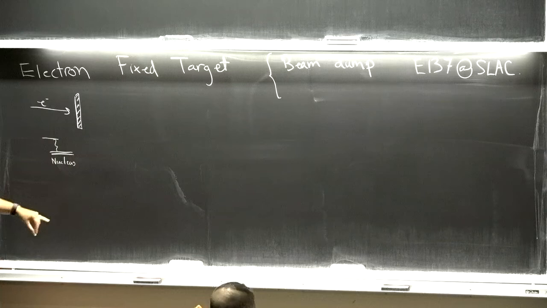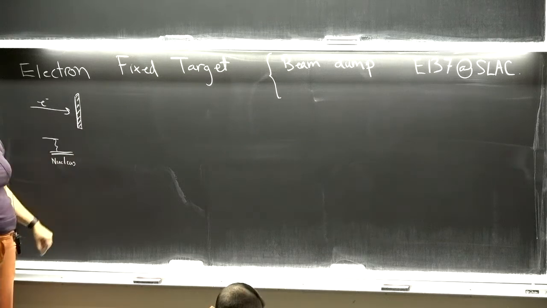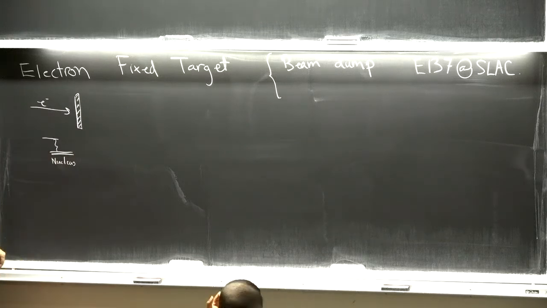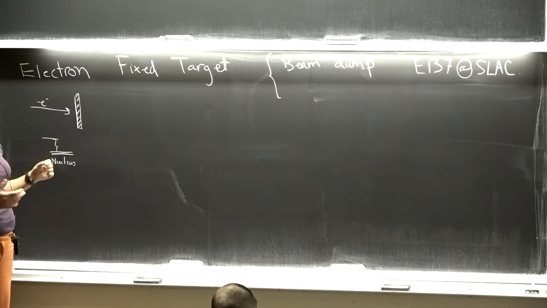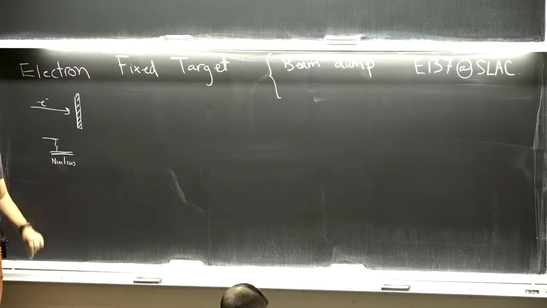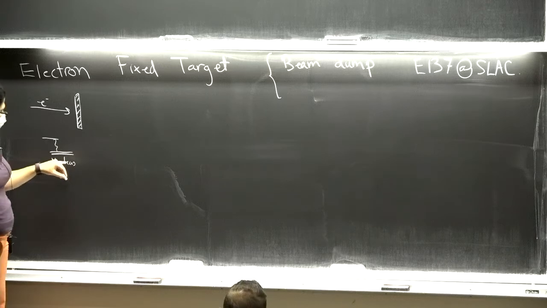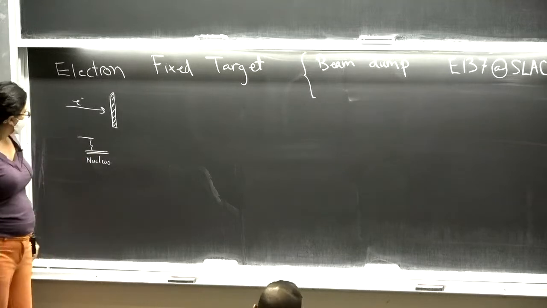And the reason the interaction with nuclei is more important than the interaction with atomic electrons is, to start with, that you can actually extract more momentum and more invariant mass from a nucleus, so the kinematic phase space is larger.